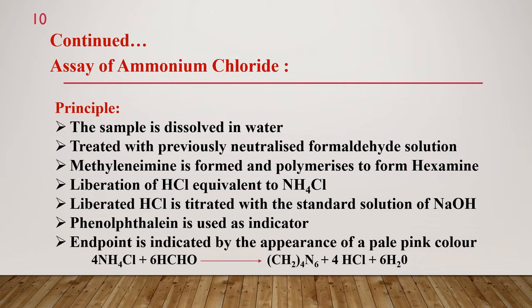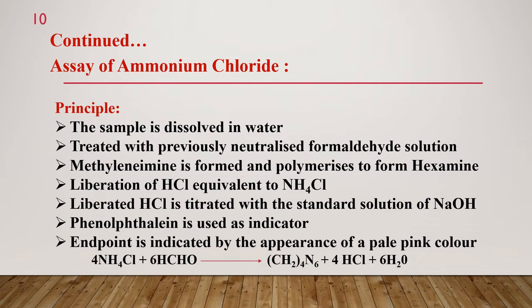Assay of ammonium chloride. Principle. Ammonium chloride is assayed by an indirect assay method. In the assay, the ammonium chloride sample is first dissolved in water and treated with previously neutralized formaldehyde solution.